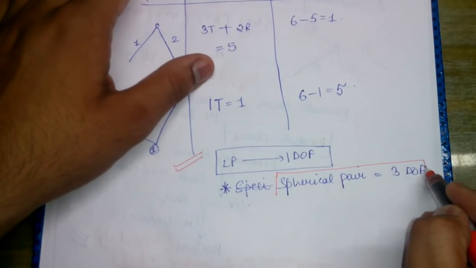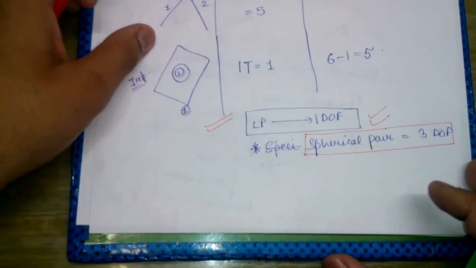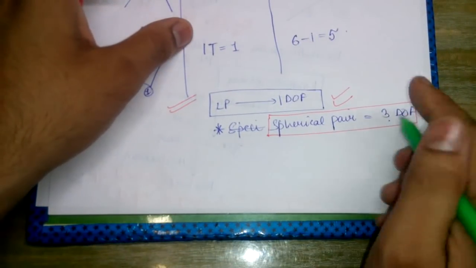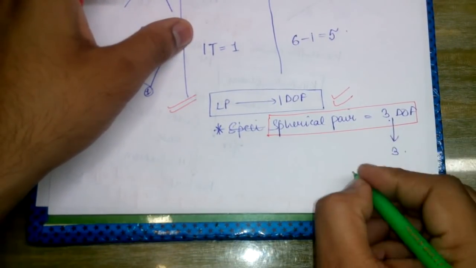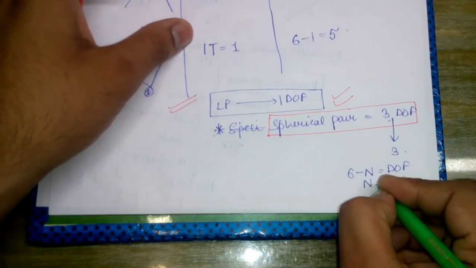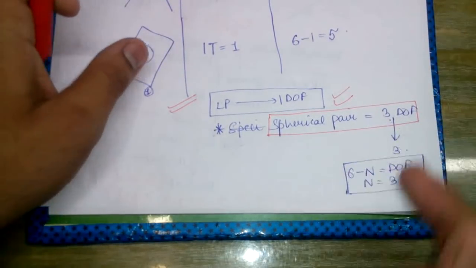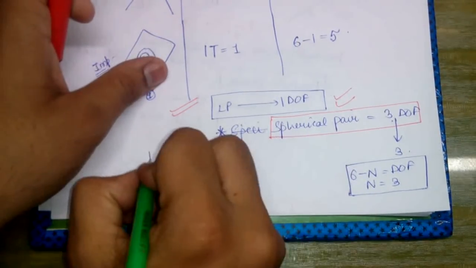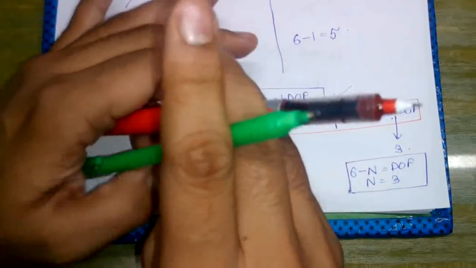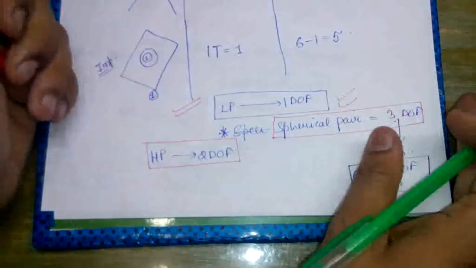If it has 3 degrees of freedom, then the number of restraints would be 3, because 6 minus the number of restraints gives the degree of freedom. So the question can be asked either way, and it can also be asked in a twisted manner. However, a higher pair has 2 degrees of freedom.